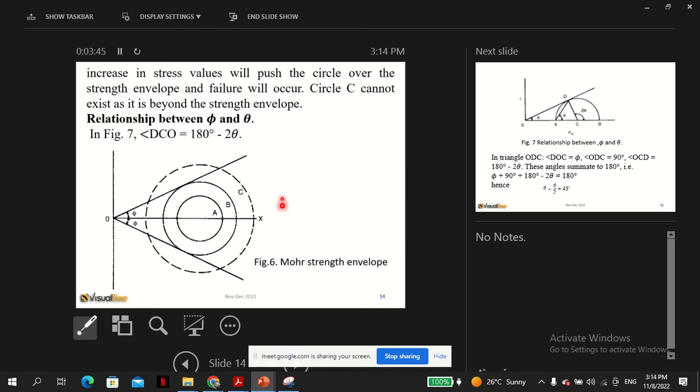But if you increase the circle beyond B, instability creeps in. Any circle below B can exist, but above B, because the limiting value is already exceeded, circle C cannot exist.